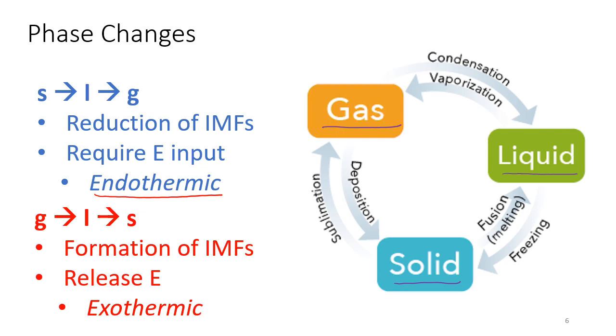So we have to form some of those intermolecular forces when water becomes a liquid. The same is true when we go from a liquid to a solid because now we're forming even more intermolecular forces between the particles. All of these processes will release energy from the system to the surroundings. They are all exothermic processes. Recall that an endothermic process has a delta H that is positive, where an exothermic process has a delta H that is negative.